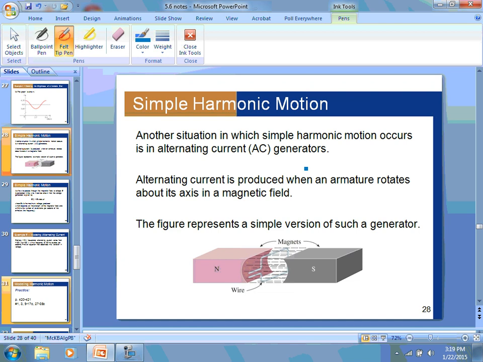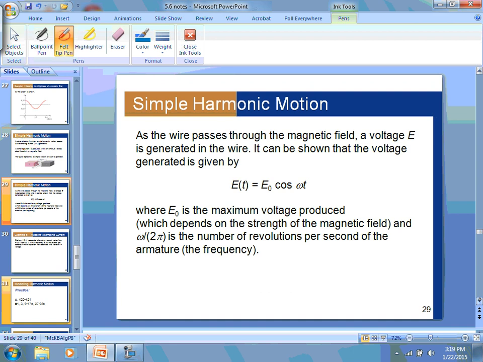So you take this piece of wire and you put it in this magnetic field and you rotate it around. So this is what's being modeled by this equation here. Okay? So as they take that wire and they pass it through the magnetic field, a voltage E is generated in the wire.